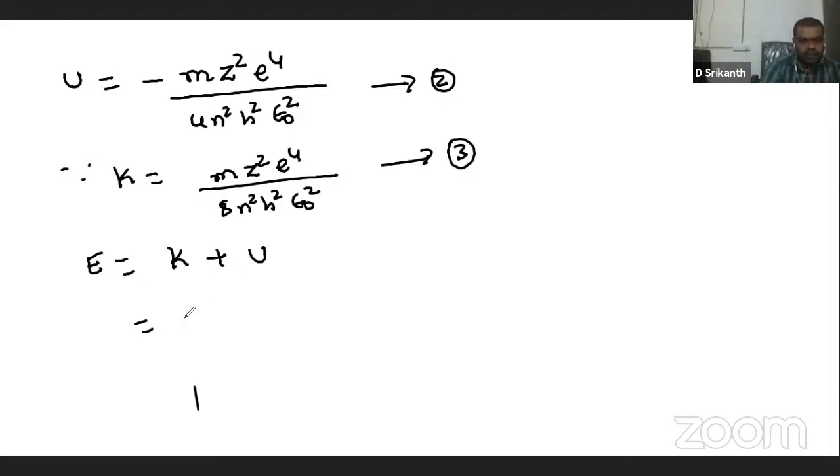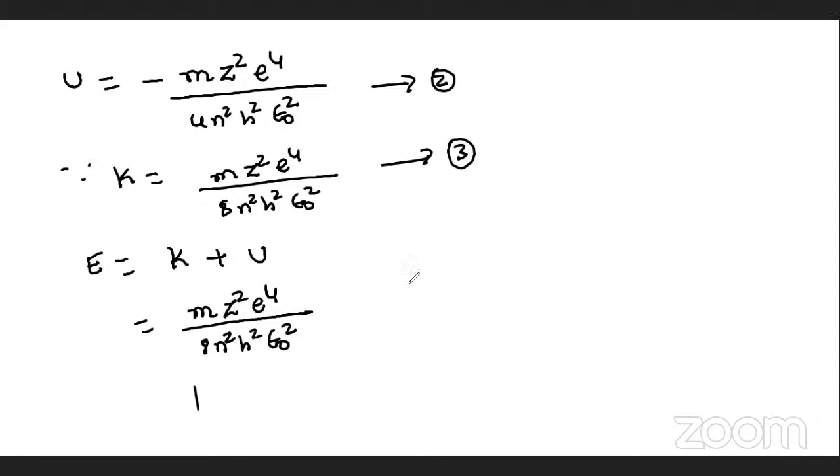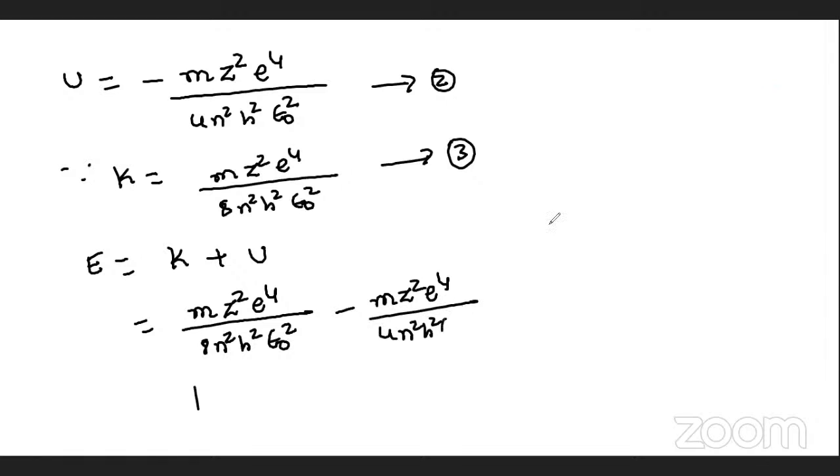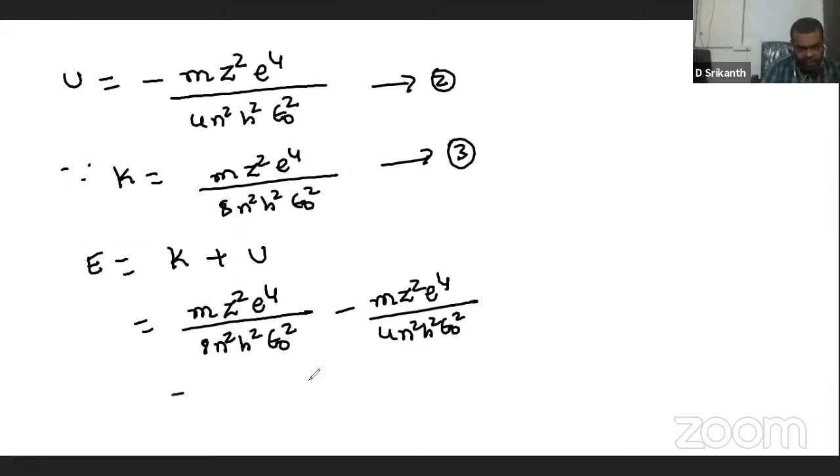That is mZ square e power 4 divided by 8 n square h square epsilon naught square, the kinetic energy, minus mZ square e power 4 by 4 n square h square epsilon naught square, the potential energy.